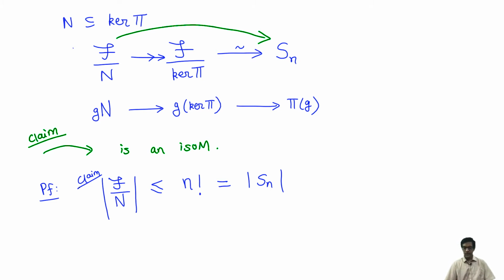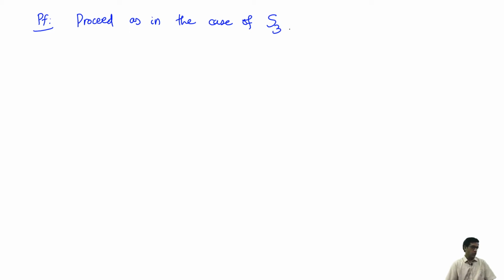So together it will show that it has exactly n factorial elements, and then you proceed like in the case of S3. Okay, so now I'm just going to indicate how to do this. You have to proceed as in the case of S3, which is that you have to write out all the different possible cosets of elements of this kind.